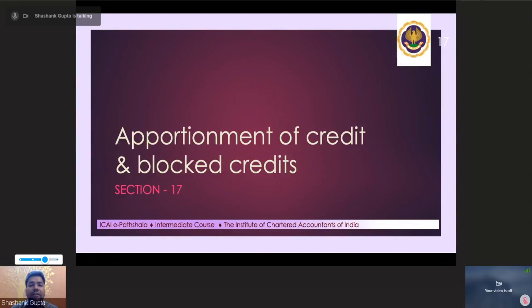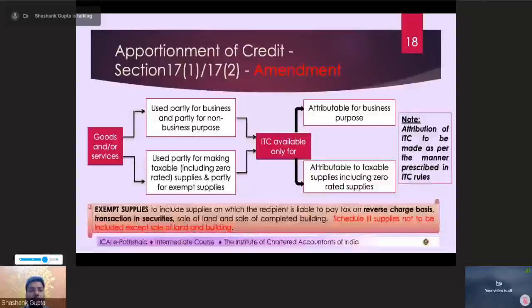Now we move on to section 17, that is apportionment of credit and blocked credits. With respect to apportionment of credit and blocked credits, the law says that where the goods and or services, that is purchases, are used partly for business and partly for non-business purpose, then credit will be available only to the extent they are used for business purpose.